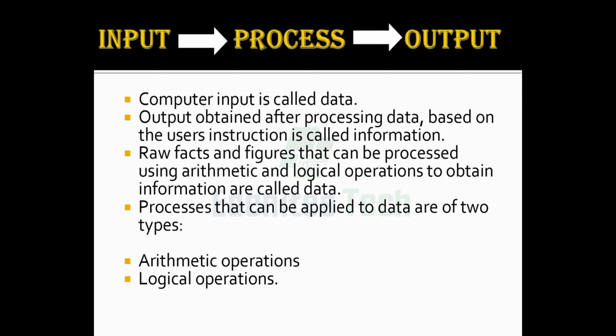And I will input the arithmetic operation that I want to do, which is addition. Then, what is the process that will be done by the computer? That is addition. So, 2 plus 3 will be done by the computer. Then, the output that will be given to us is 5. So, 2 plus 3 will give us 5. This whole process has been done by the computer.